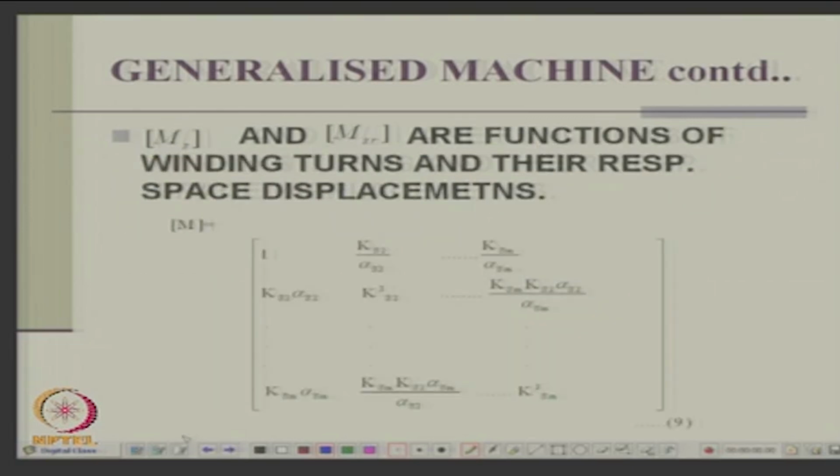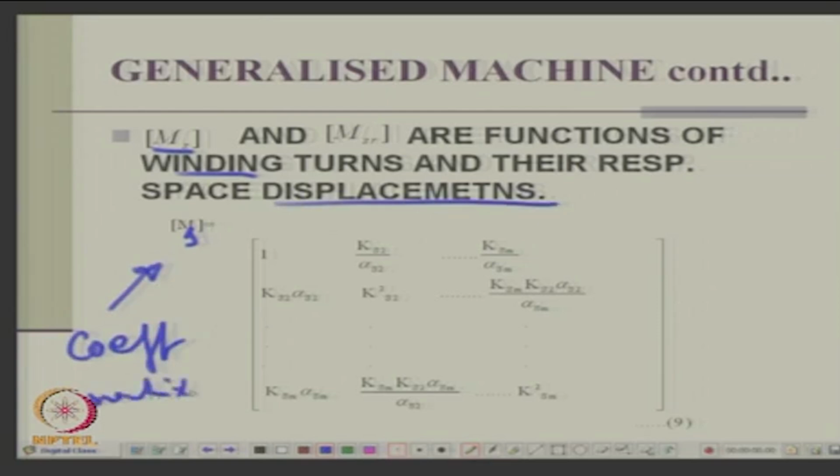Okay. Now, what are these terms? If you understand this, see MS, that is the self inductance coefficient matrix, we call it, a function of winding turns and space displacements. This is more like a coefficient matrix. I think this is the point where you need to understand and introspect.